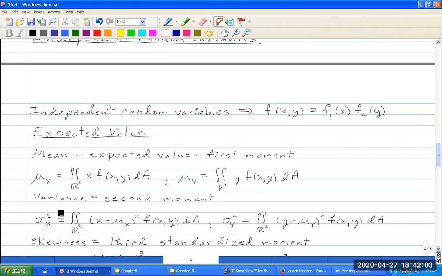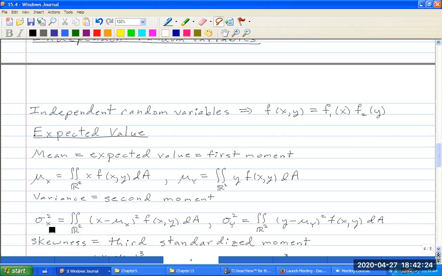The variance is just the second moment. It is sigma squared of x. That's the notation: mu is the notation for the mean, and sigma squared is the notation for the variance.